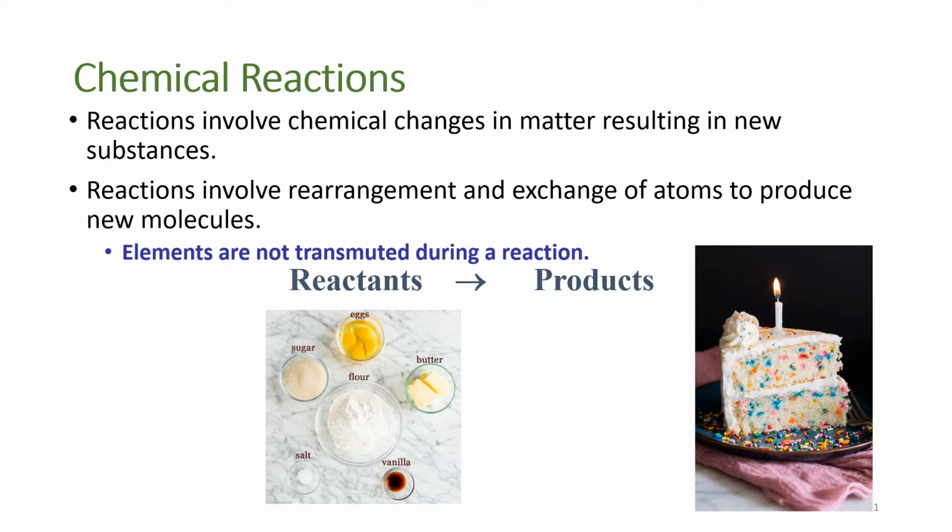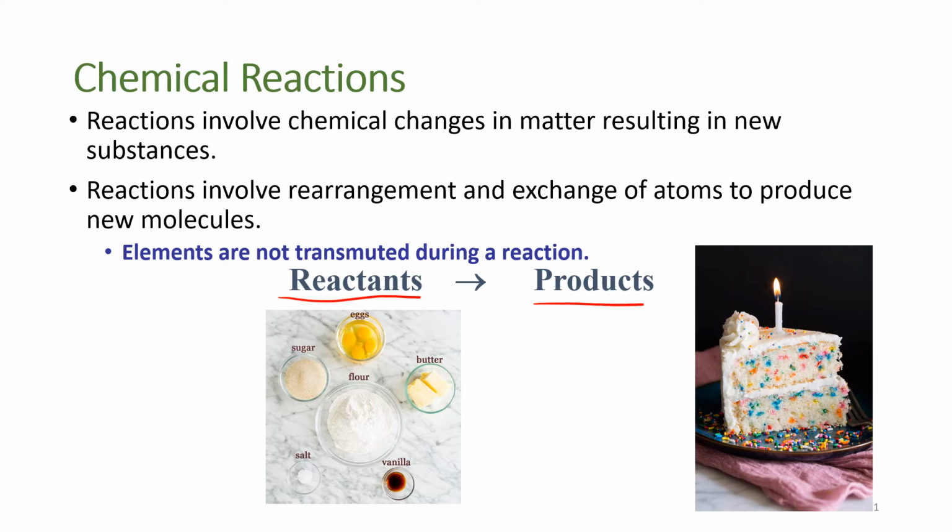So chemical reactions have their own details about the language of it, and most importantly, we have two major players in chemical reactions. We have our reactants, and then we have our products.